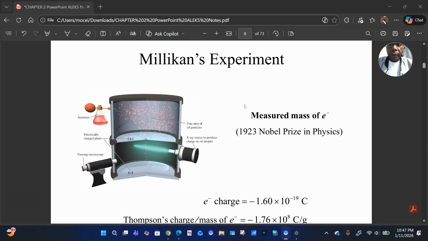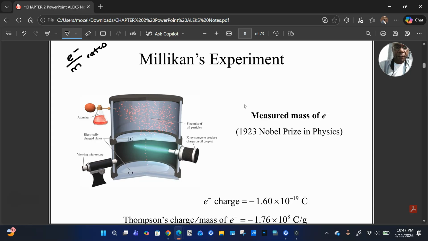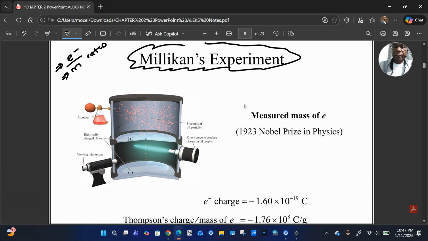So, since Thomson only discovered the charge to mass ratio and never gave us the charge itself and the mass itself, Millikan, the scientist, came up with Millikan's experiment to determine both the charge and mass of an electron. Isn't that cool?